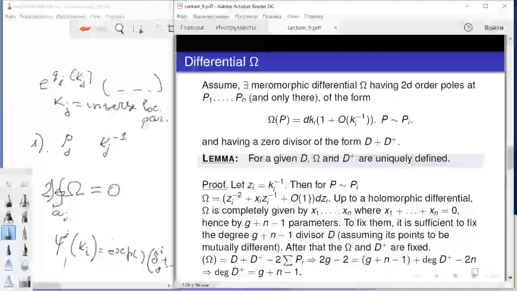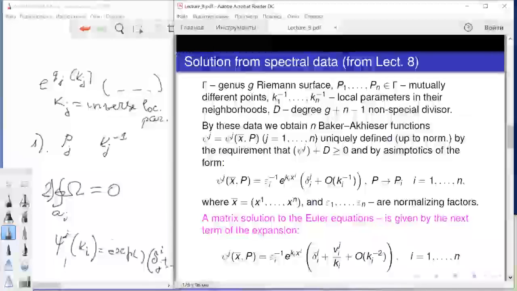Okay. Well, first of all, you see, we have the following collision. The solution actually comes from the Baker-Akhiezer functions with degree g plus n minus 1 pole divisor.